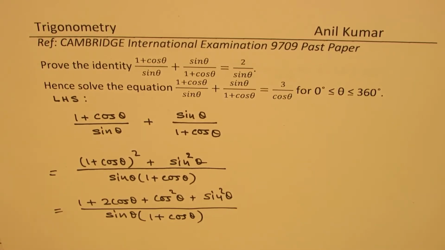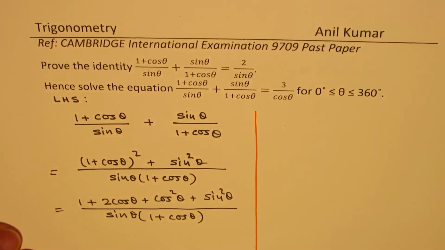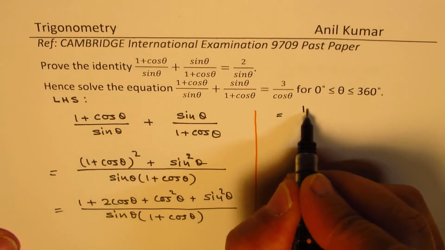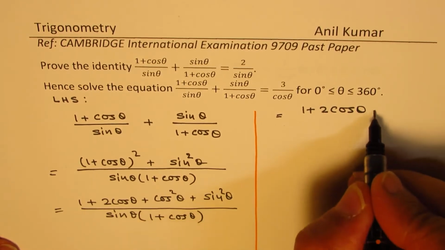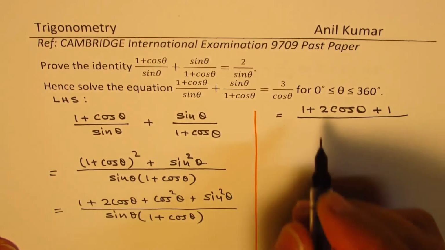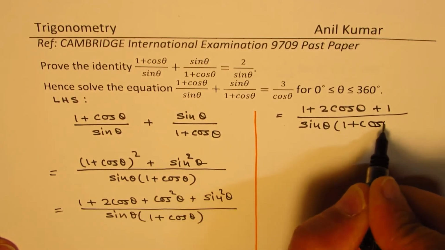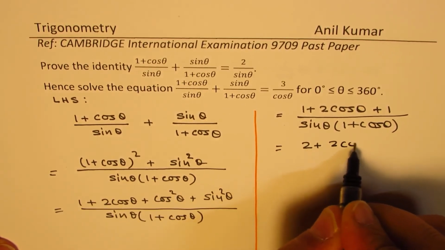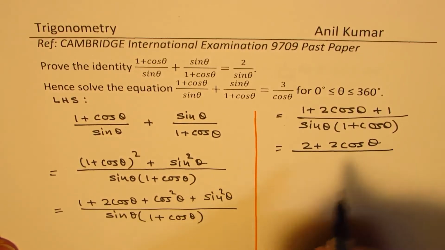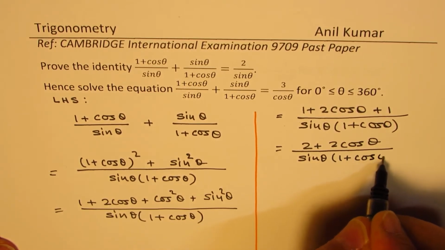Now let's take it to the right side and solve further. You know sin square theta plus cos square theta is 1, right? So we can write this as 1 plus 2 cos theta. Cos square theta plus sin square theta is 1, so we get 1 over sin theta times (1 plus cos theta), correct? 1 plus 1 is 2, so we get 2 plus 2 cos theta over sin theta times (1 plus cos theta).